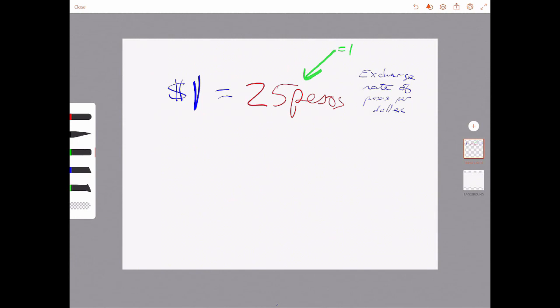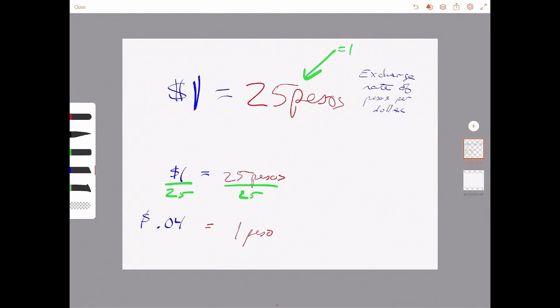So really what you're going to do is take this equation and divide each side of it by 25. So $1 equals 25 pesos. If we divide each side through by 25, then that gives us, on the right-hand side, 1 peso, and that's equivalent to about $0.04 or 4 cents.